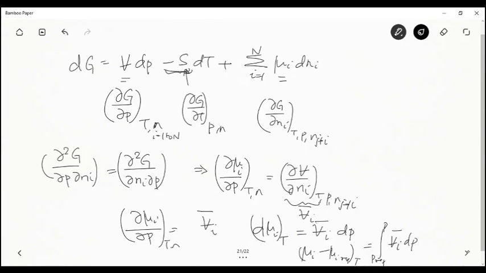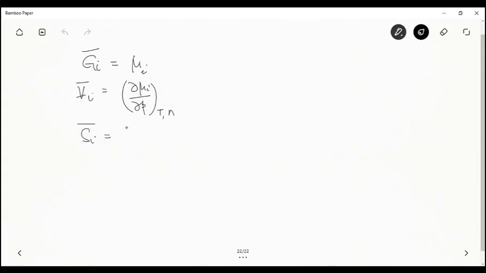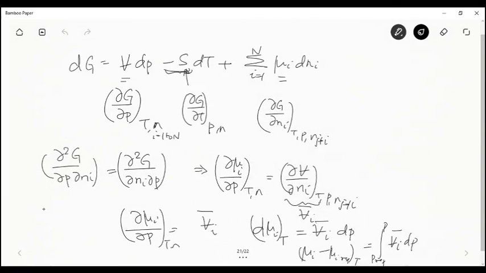Therefore the same kind of cross derivative expression will give me, if I write del squared G by del T del n_i is equal to del squared G by del n_i del T, and I know this is del by del T of del G, this is del mu by del T, and this is del by del n_i of del G by del T, which is minus S. So this is minus S_i bar, right?